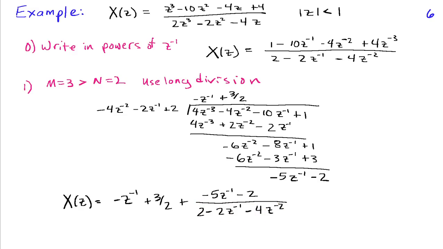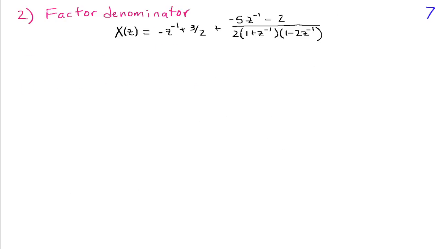So at this point, we can do the partial fraction expansion of our remaining fraction in X of z. So we'll first factor the denominator. We can pull the 2 out and write this as 2 times the quantity 1 plus z inverse times 1 minus 2z inverse.